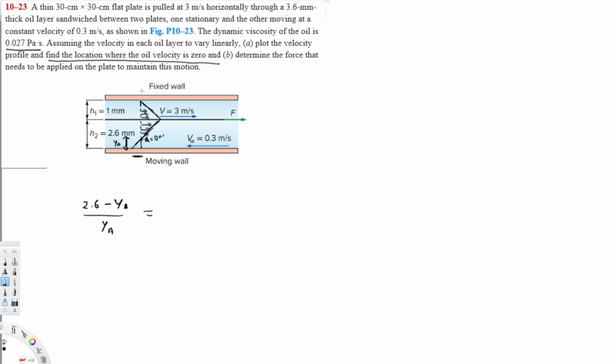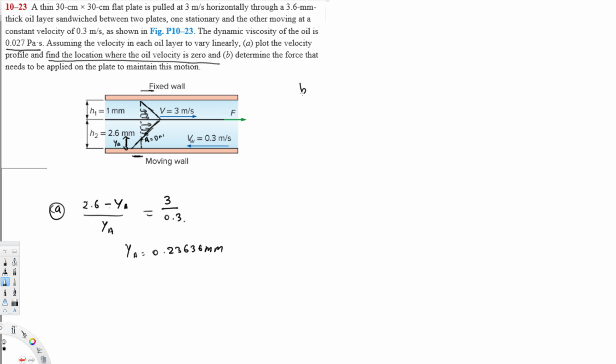We are dividing the big one by the small one: the big velocity is 3, and the small one is 0.3. So 3 divided by 0.3. From this equation we can calculate Y_A, which comes out to be 0.23636 millimeter, and that is the location where the velocity is going to be 0 in the fluid. And that is the first question.